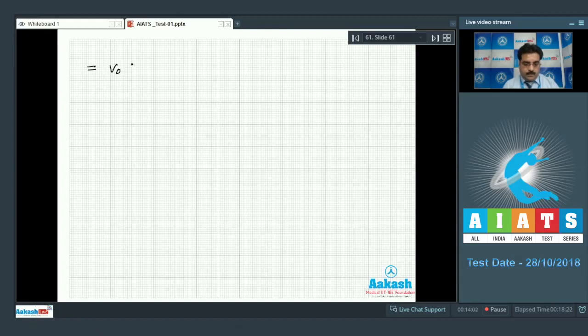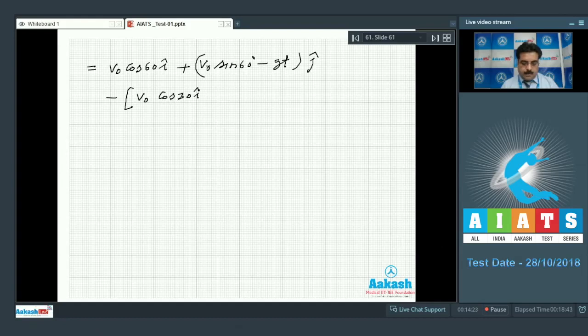So that is v0 cos 60 i cap plus v0 sin 60 minus gt j cap, and minus. Now I am going to place the value of v1. v1 is v0 cos 30 i cap plus v0 sin 30 minus gt j cap.